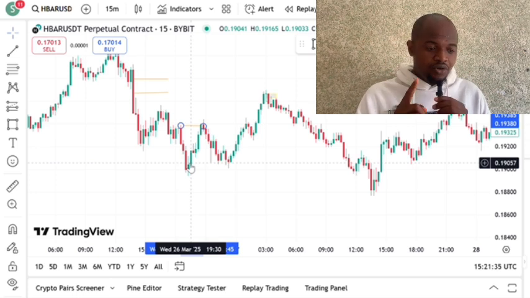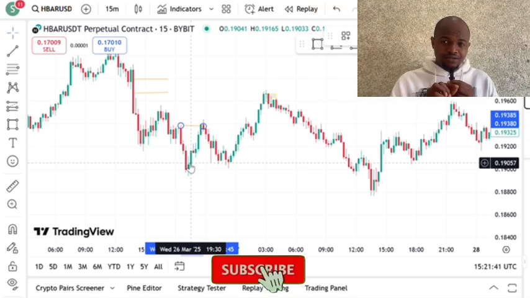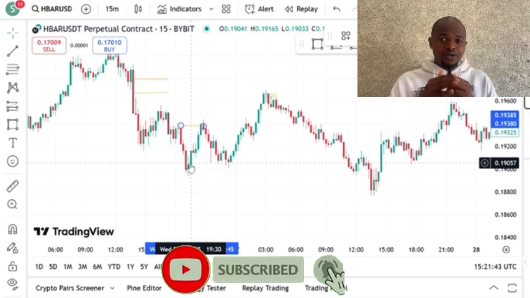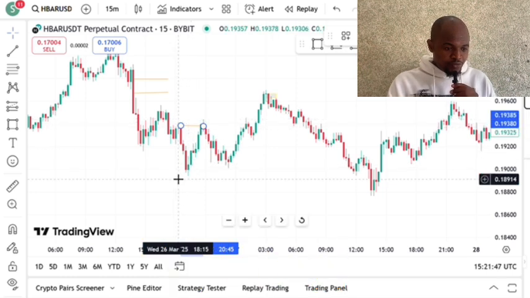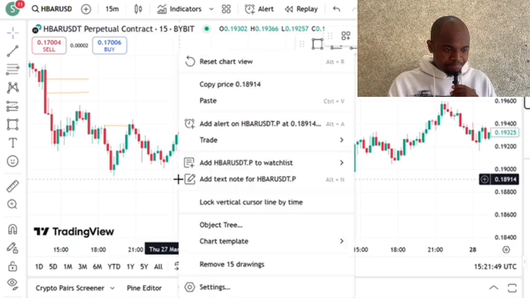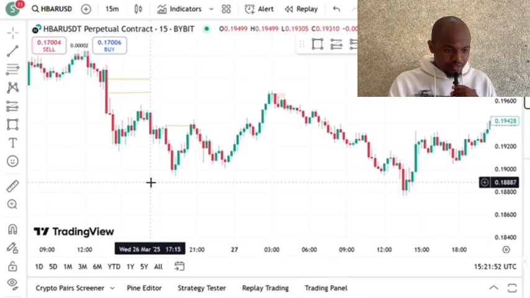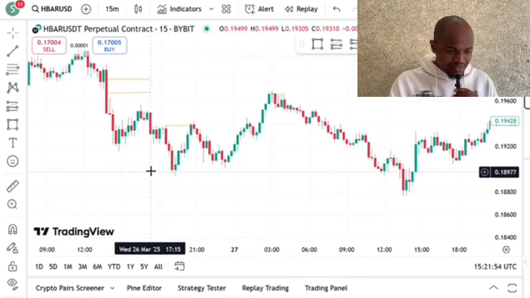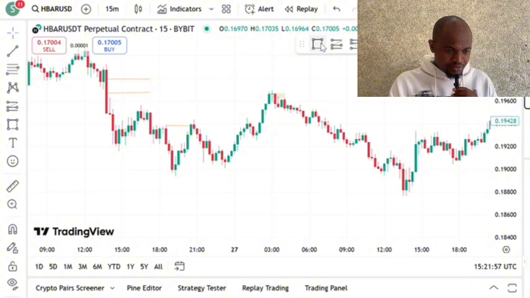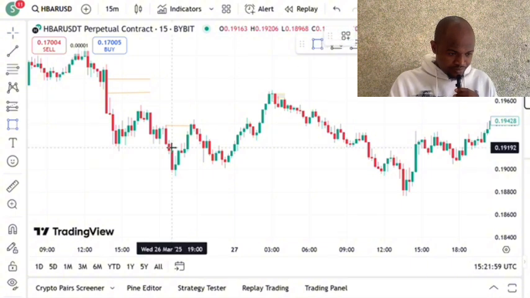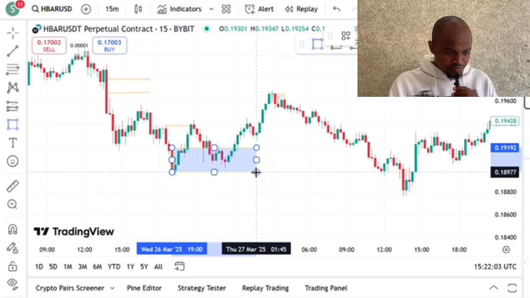How you pick your order block is the last red candle that formed before the green candle that began the wave that broke the structure. So at this point, you can see that the last red candle is this one here. So you move from there and pick your order block from there.